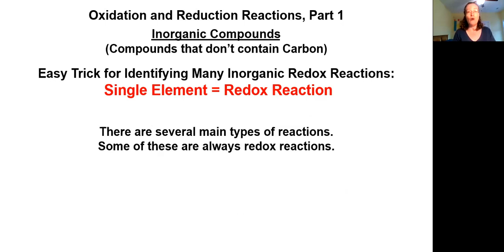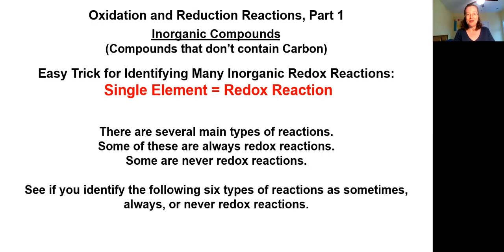Some of these are always redox reactions, meaning they always will have a single element either on the left side of the arrow or the right side of the arrow, or both. Some of these types of reactions that we're going to look at will never be redox reactions. They'll never have a guy by himself on the left or on the right.